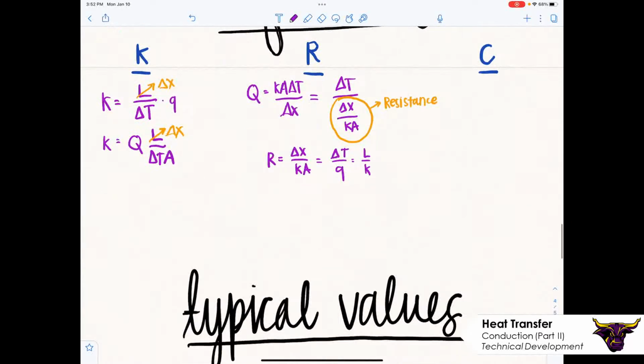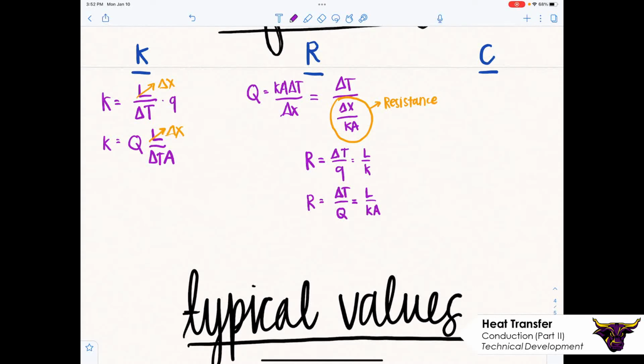So it can be a little confusing. This is where it's critical that you write down your units and make sure they cancel, because sometimes you might have little q, sometimes you might have big Q, and it can get really confusing. So let me actually write this here to make this a little clearer. So R is equal to delta T over little q, which is equal to L over K, or we have R is equal to delta T over big Q, which is equal to L over Ka. So whether or not that area is included can make it very confusing.